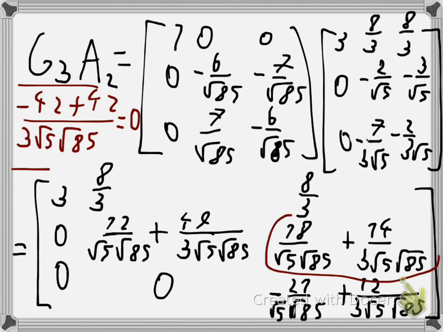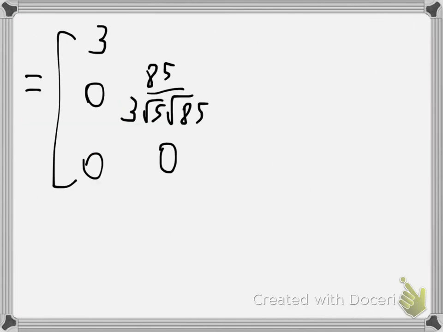Then here I would get 54 plus 14, which is 68 over 3 times square root of 5 times square root of 85.